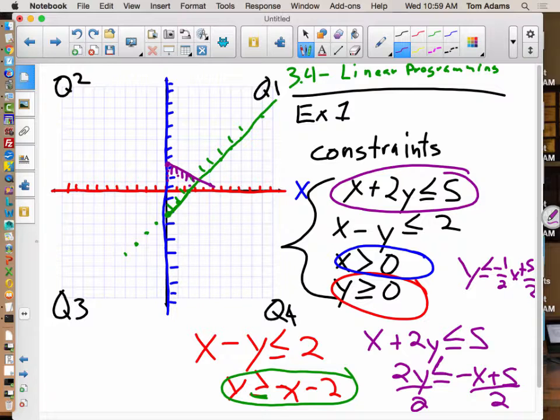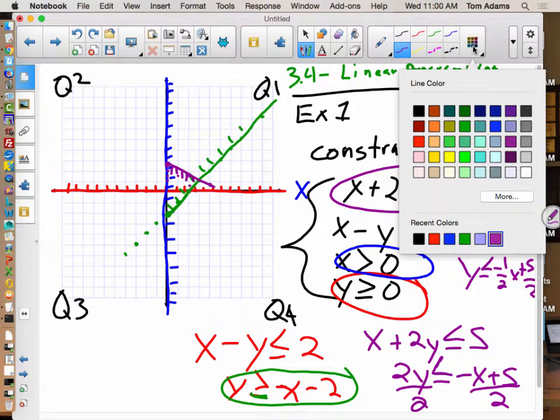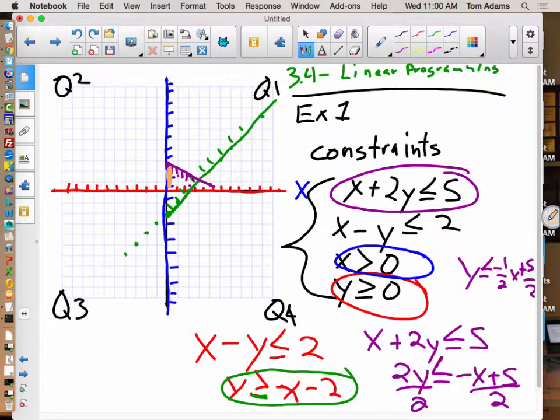So now what I'm looking for, the shaded region, is where all 4 of those overlap. And so I'm just going to color that in orange. So I'm going to go here and here, above this, and then below this.